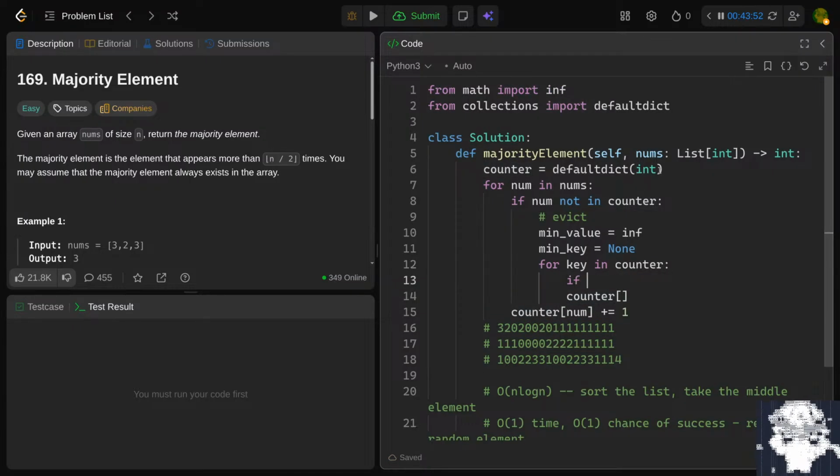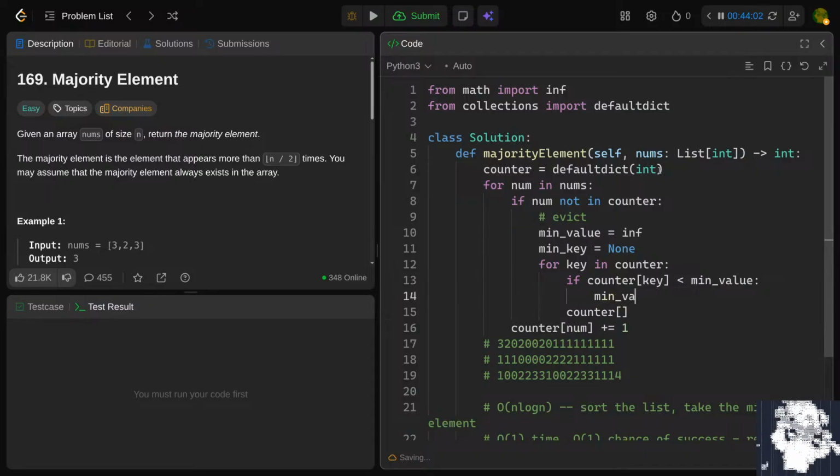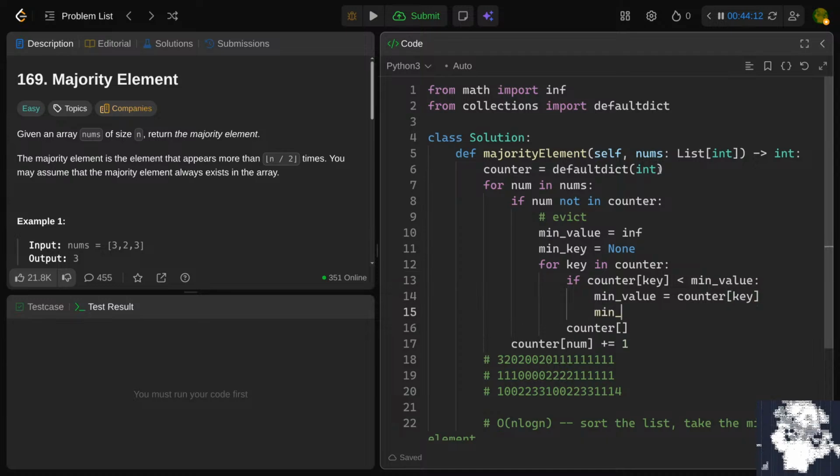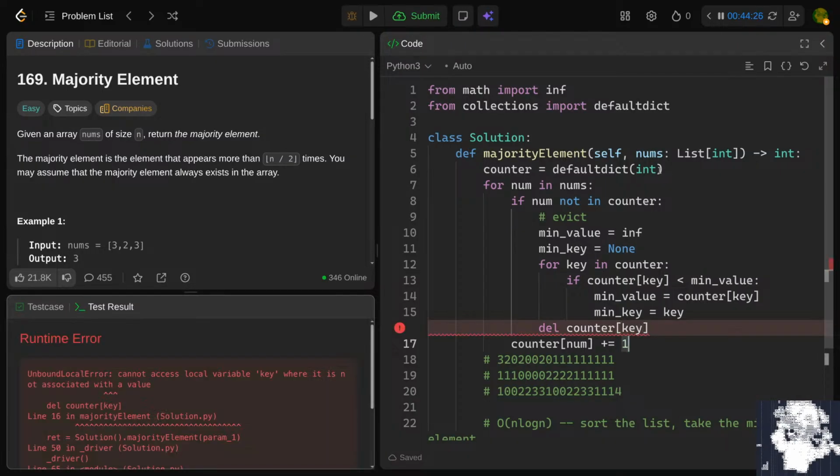From math import inf. For key in counter, if counter of key is less than min value, min value equals counter of key, min key equals key. So that finds us the key to delete, and then we can do del counter of min key.